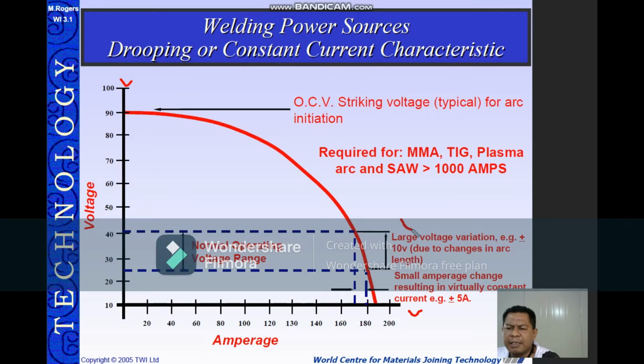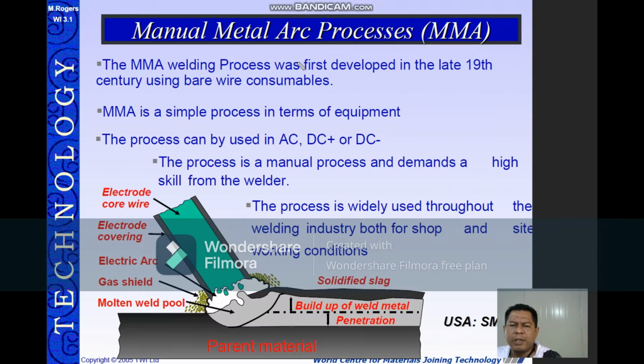And this one is a large voltage variation, for example 10 volts, due to the change in arc length. For example, the welder raises or lowers the electrode. So this will affect it. This is especially for manual metal arc welding, or MMA, which is also the same as SMAW.